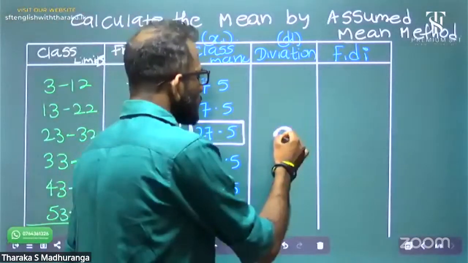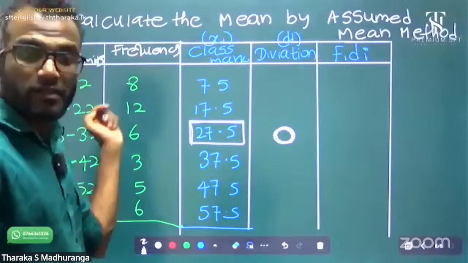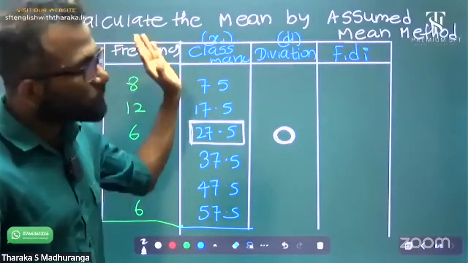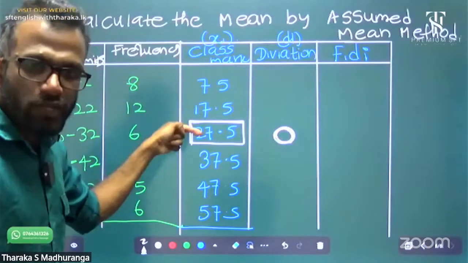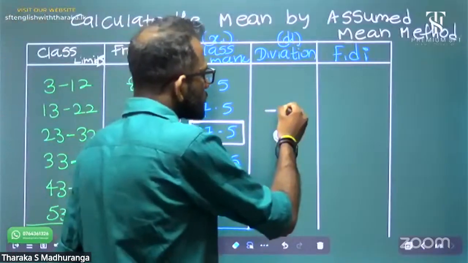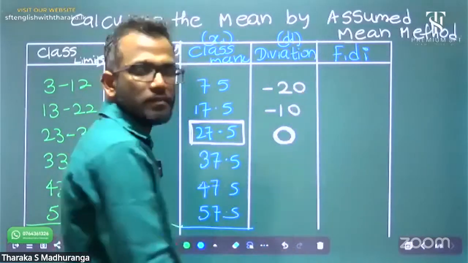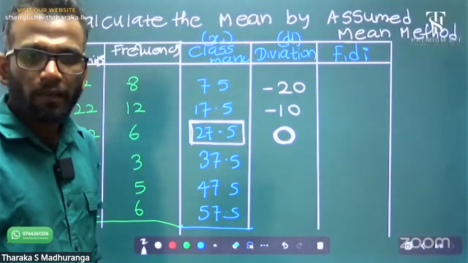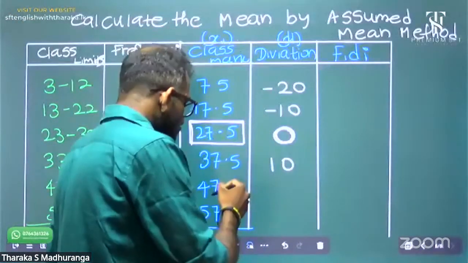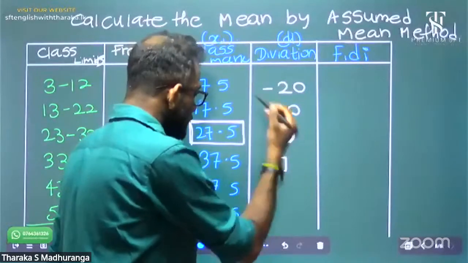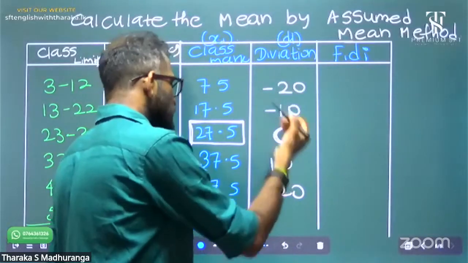If I select 27.5, the third class mark, as the assumed mean: 27.5 minus 27.5 is 0. 17.5 minus 27.5 is minus 10. 7.5 minus 27.5 is minus 20. 37.5 minus 27.5 is 10. 47.5 minus 27.5 is 20. 57.5 minus 27.5 is 30.